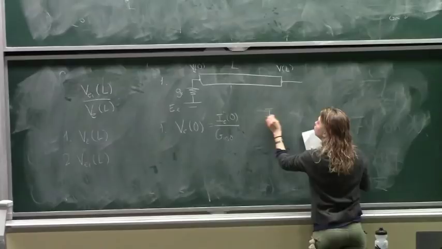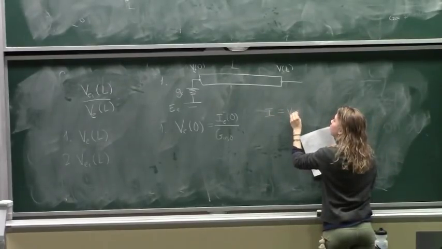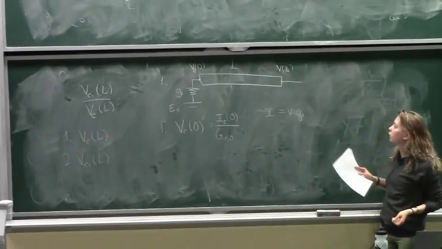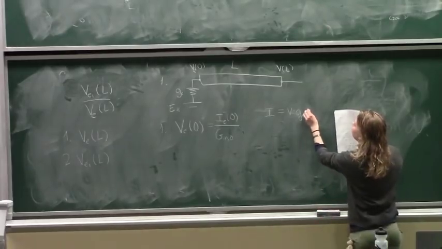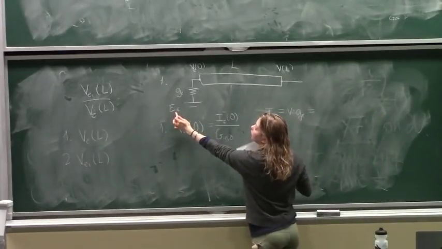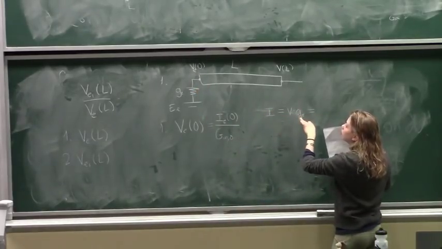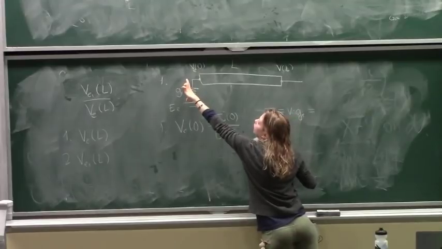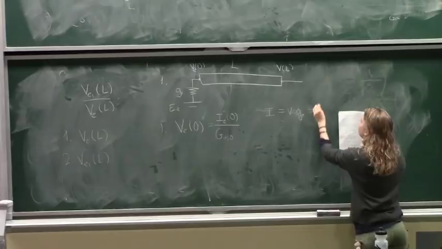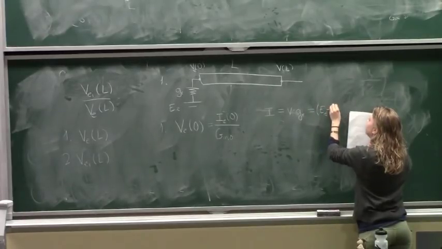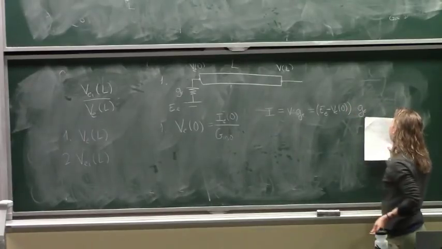Current is voltage over resistance, which is voltage times conductance, since conductance is 1 over resistance. You know what this EE value is, but you don't know this voltage value. Current is equal to the potential difference across this resistor times its conductance. So that's EE minus VE of 0, times the conductance value, GE.